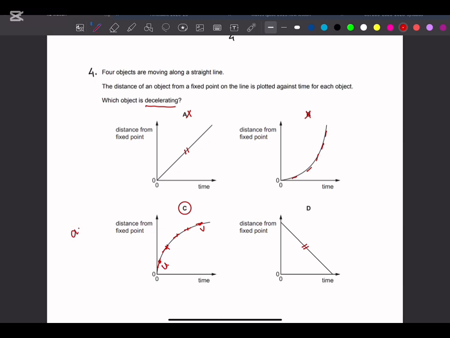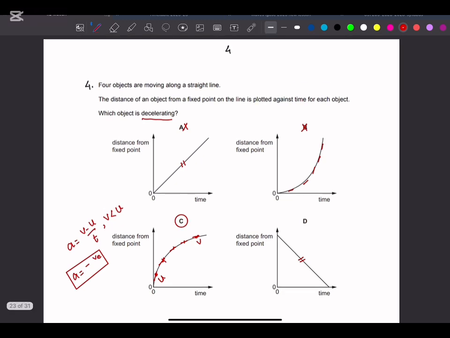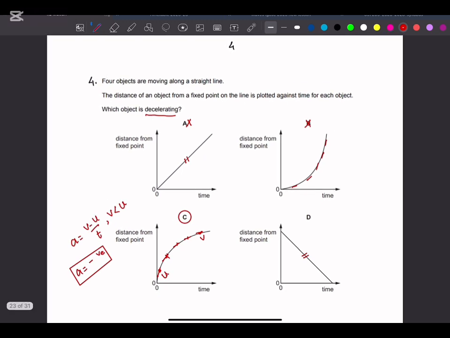So when you go a is equal to v minus u divided by t, this will give you a negative value. As I said, v is less than u, so obviously the value of acceleration will be negative. So the body is decelerating. This is the situation. I hope the concept is clear.